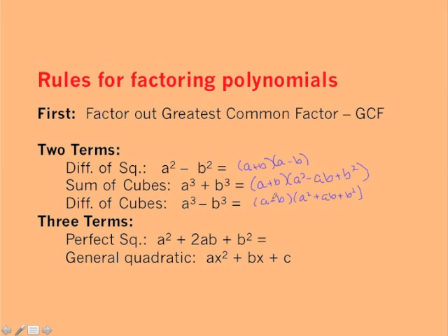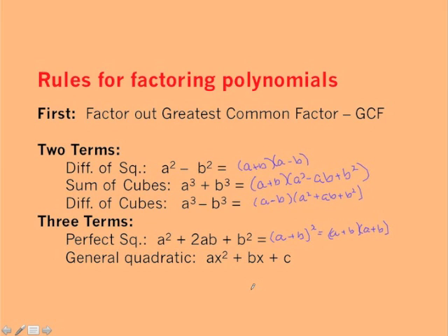If this is a difference of squares, the subtract is here. Perfect squares factor like this: a squared plus 2ab plus b squared factors into a plus b, the quantity squared, which of course means a plus b times a plus b.